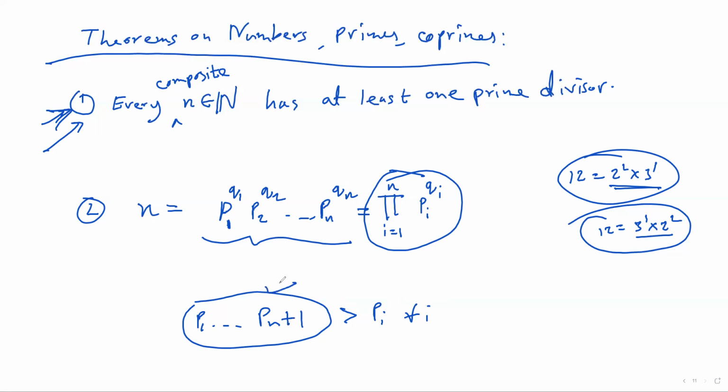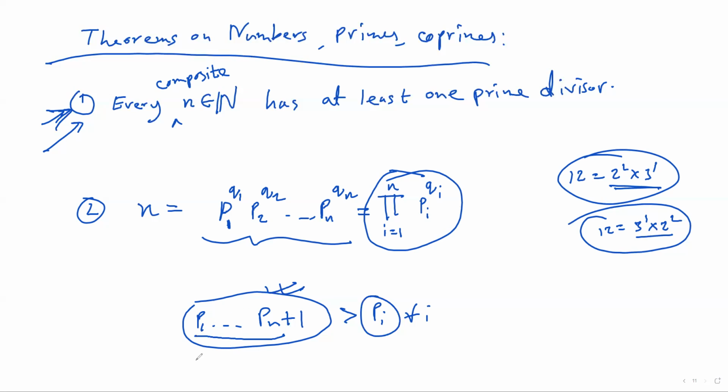You can see that this is a composite number. It must have at least one prime divisor, but unfortunately, none of the Pi qualify because this 1 is going to interfere in every case. So there has to be some other prime number. And since these are the first few prime numbers, that other prime number is going to be greater than each one of them.